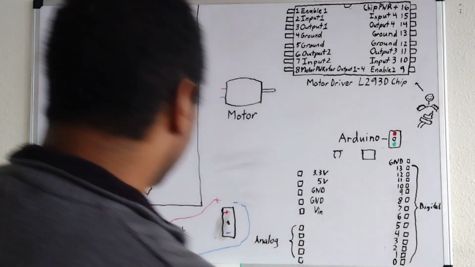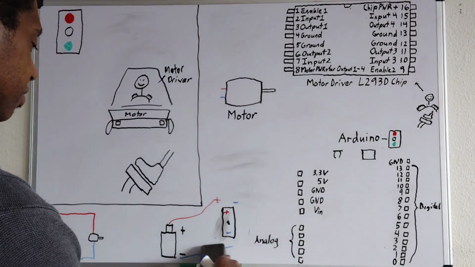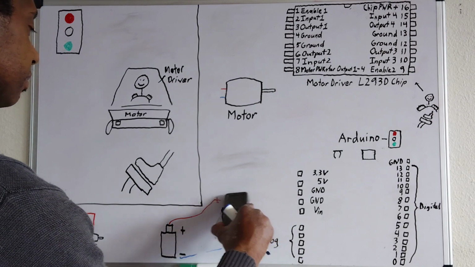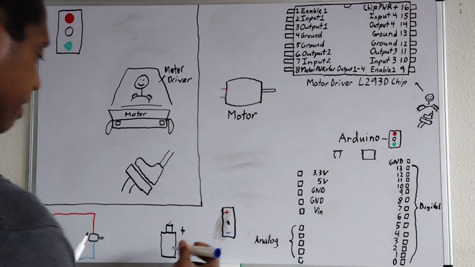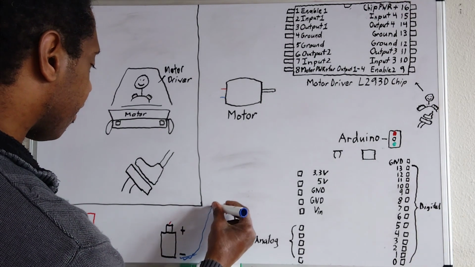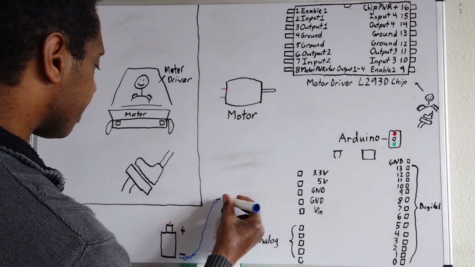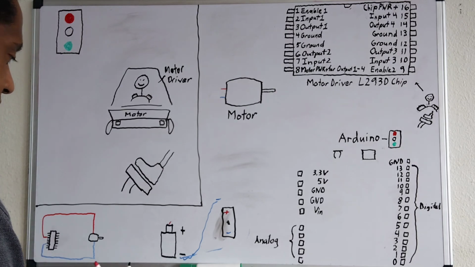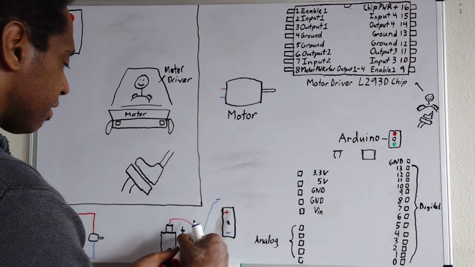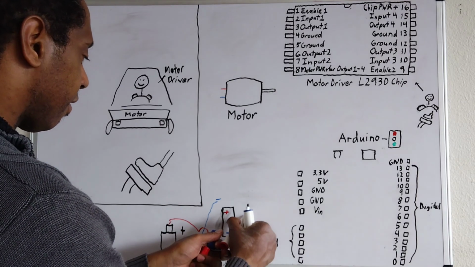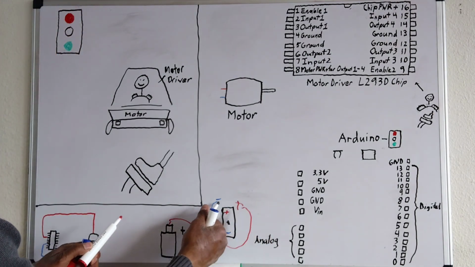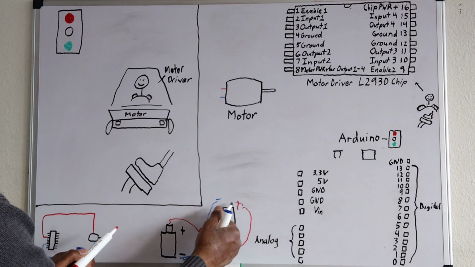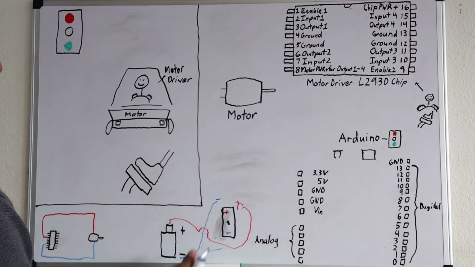But if you wanted to, you could redo these wires and put this up here, a minus, and this over here, a positive. This time it'll be attracted this way and repulsed this way from this one.